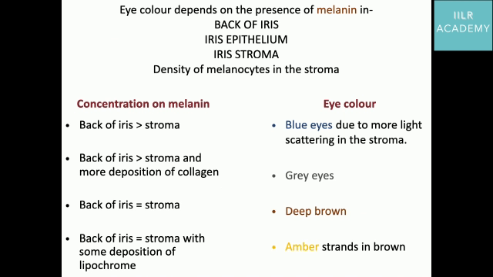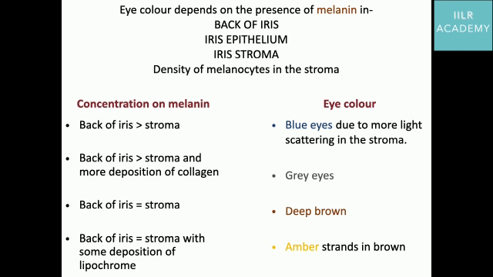Let's come back to the same topic that we left earlier, which is how concentration of melanin affects the eye color. Now, the eye color depends upon the presence of melanin in the back of the iris, iris epithelium, iris stroma, and density of melanocytes in the stroma. Let's see a situation in which the concentration of melanin at the back of the iris is more as compared to that in stroma.